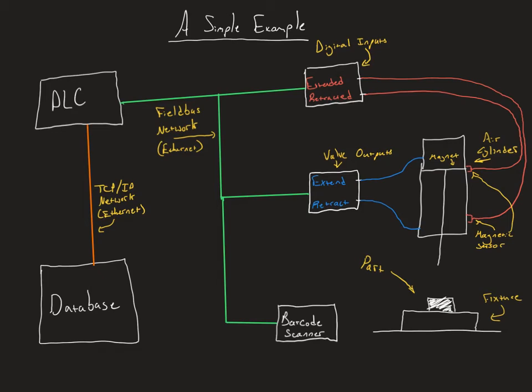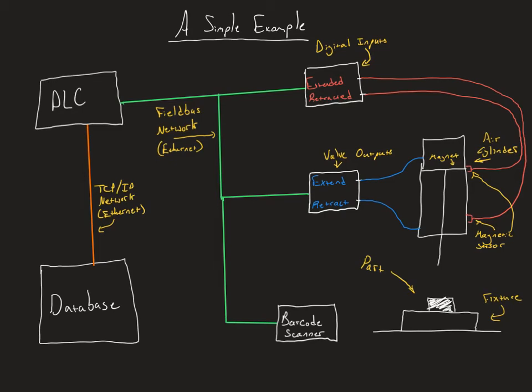The field bus network is a very important concept that you definitely want to make sure you're comfortable with if you're going to be interfacing with someone who works in industrial controls. The field bus network is a way to communicate inputs and outputs across distances in a compact format using networking.